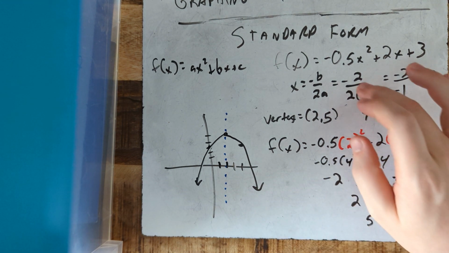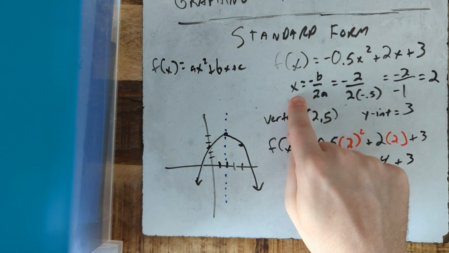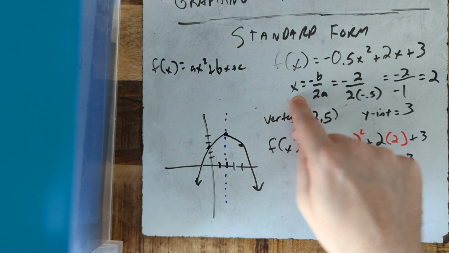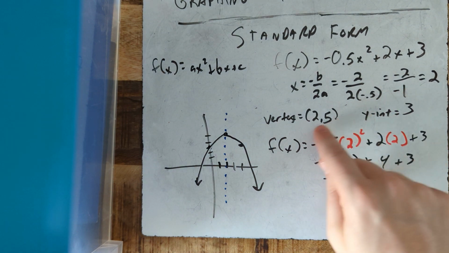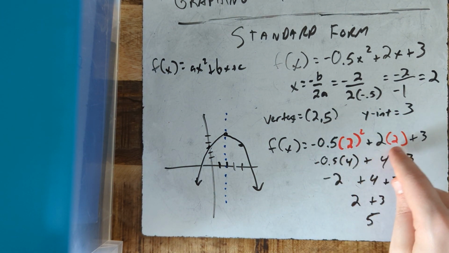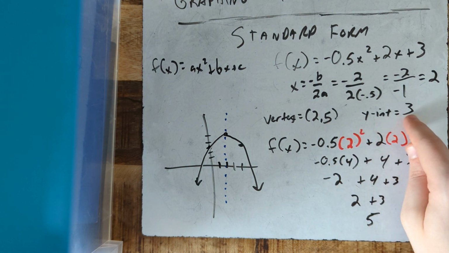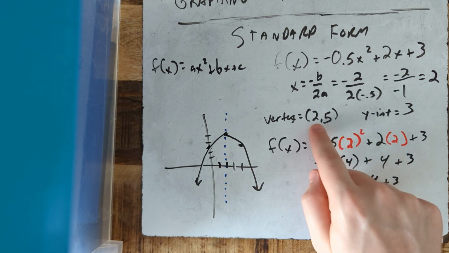Just remember, once you have our formula here, find the vertex first, which is negative b over 2a. Plug in our numbers to solve for our x. Use our x to plug it back in as x to solve for our y of our vertex. Our y-intercept is told to us here. It's 3. Go to our graph, vertex at 2, 5.